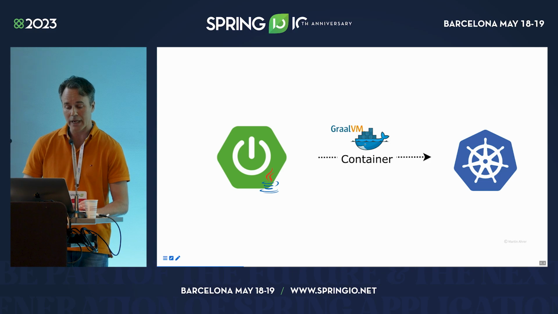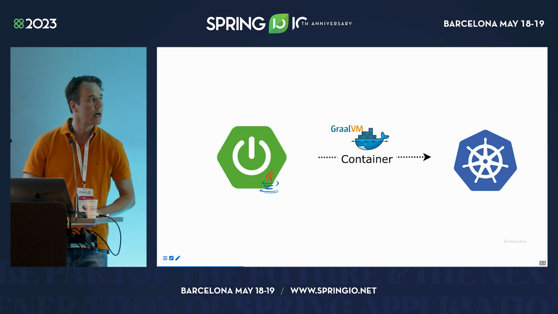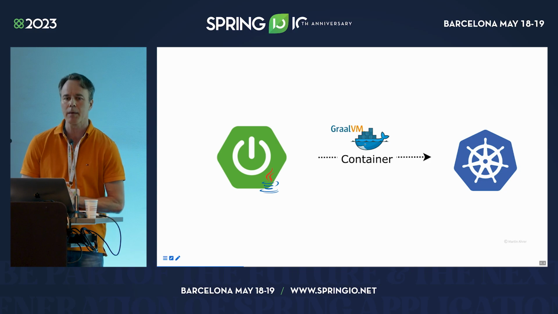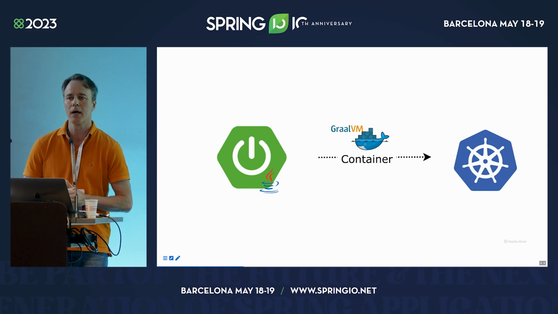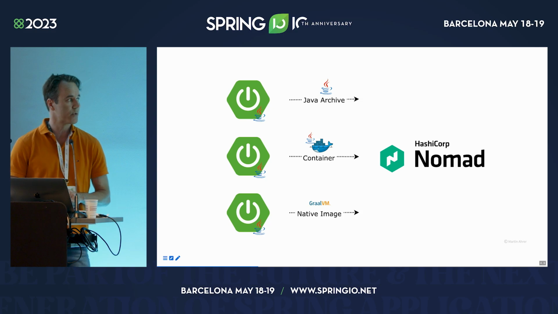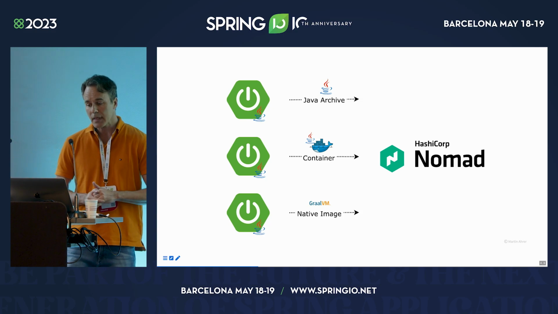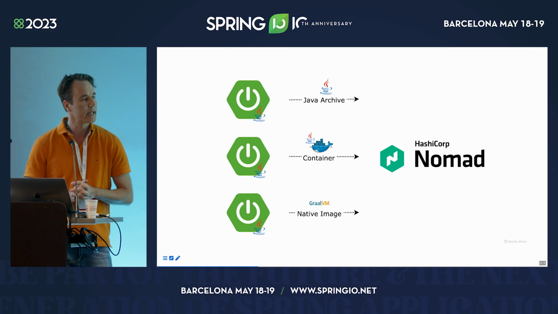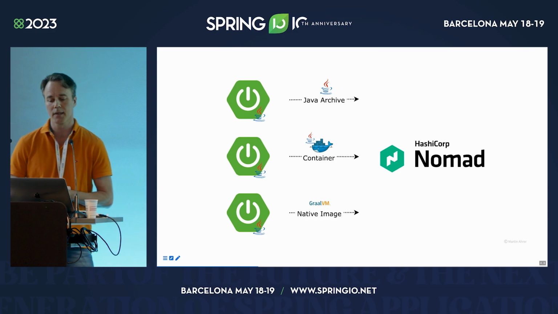So what I'm questioning here is, is it really necessary that we do that extra pipeline step of transforming our Java application into a container image? And the answer is, no, we really don't have to. There are other orchestrators around, and one of them is Nomad that I wanted to present today.